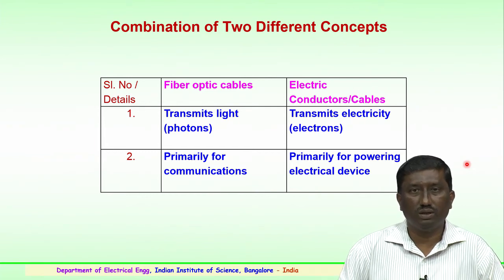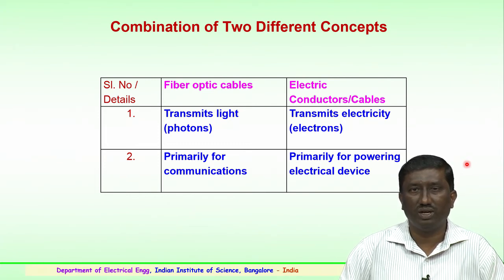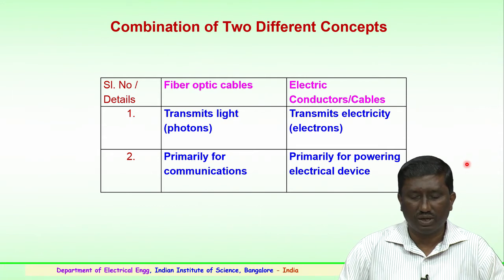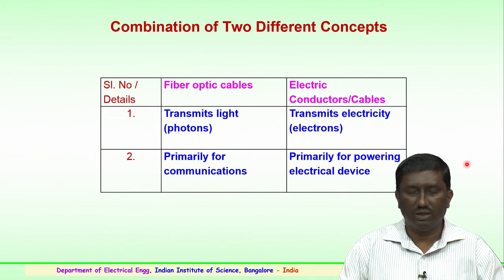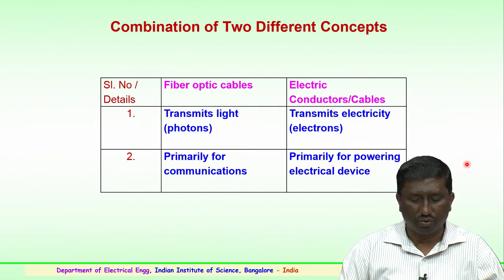So, when you look into the different concepts, we have two concepts here presently. One is the conductor, the other is an optical fiber cable which is being embedded into the conductor, which is connected in the overhead transmission for grounding aspect mainly.